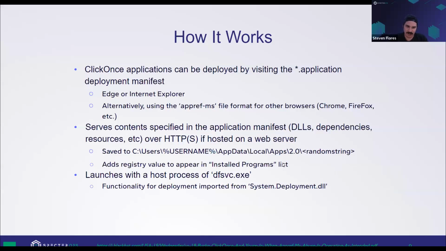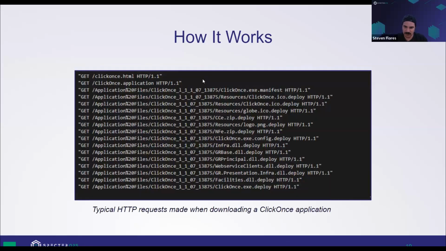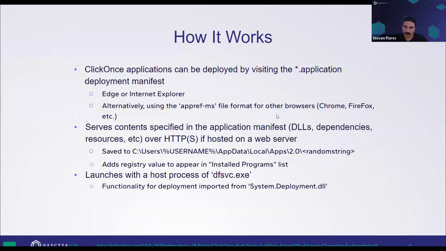This will serve content from whatever the manifest dictates. All the files that need to be downloaded as part of this deployment, the DLLs, dependencies, everything else, will be downloaded over HTTP or HTTPS. This is then saved to the user's AppData Local directory, in the particular directory we have listed here.